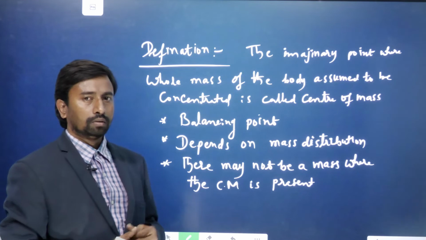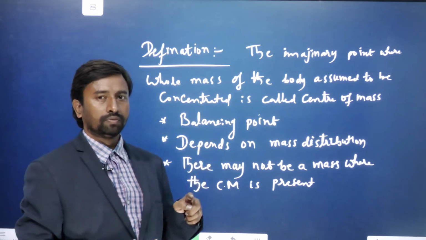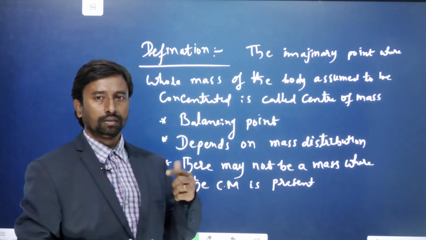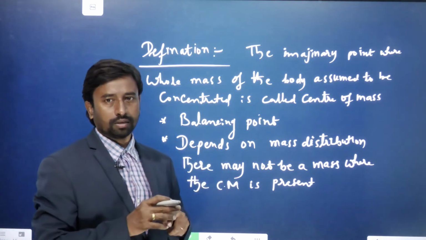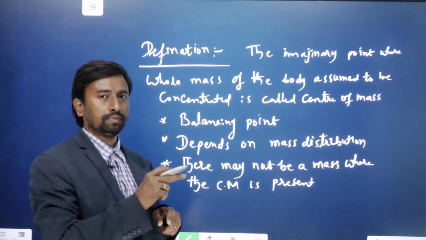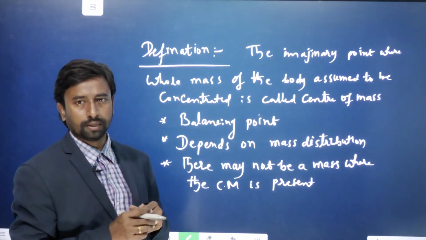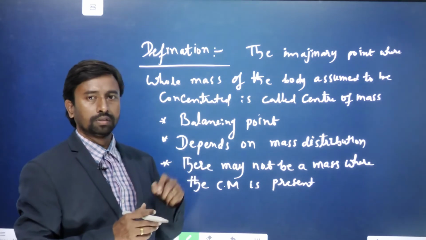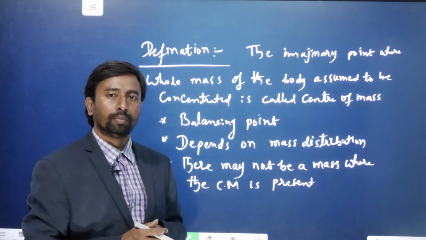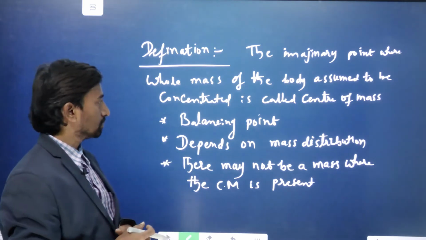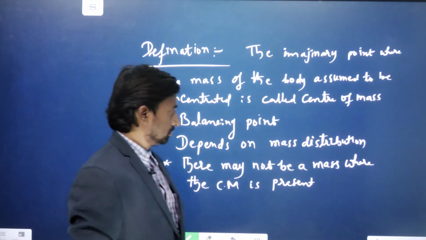In the bangle, the center of mass will be at the center of the bangle, but there is no mass there. Suppose you take a square, where the mass is distributed at the edges of the square, then at the center of the square, where there is no mass, the center of mass may be present. Okay.